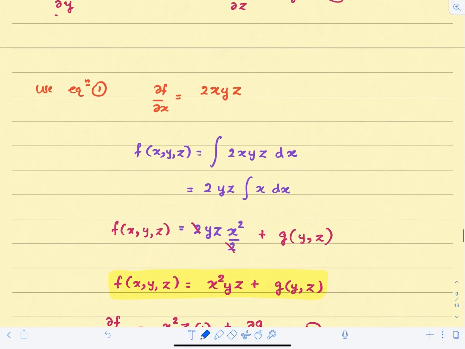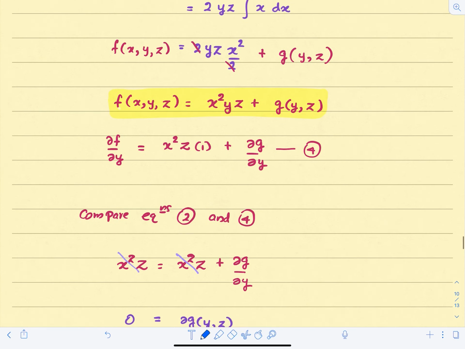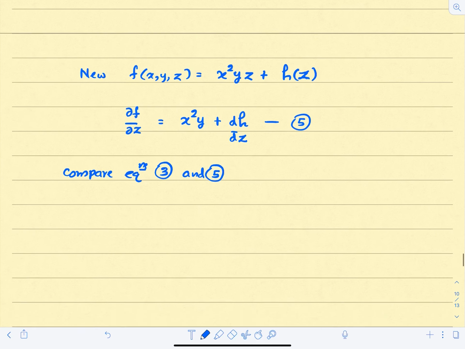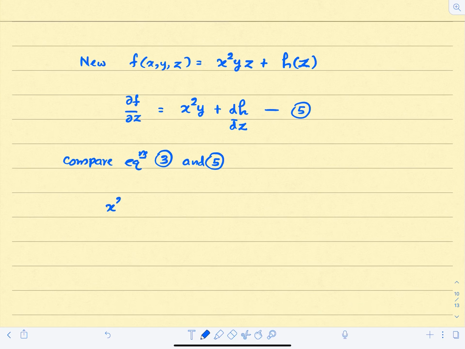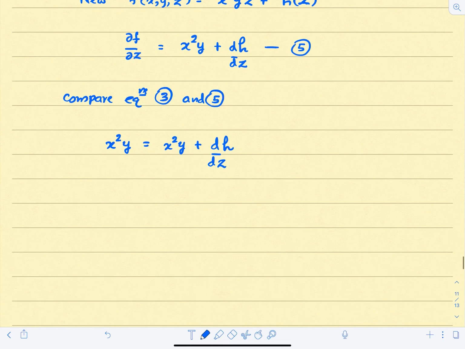The third equation says partial f over partial c equals x squared y, but our equation says partial f over partial c equals x squared y plus dh over dc. Now from this, if you simplify, you will get the derivative of h with respect to the c variable equals 0.